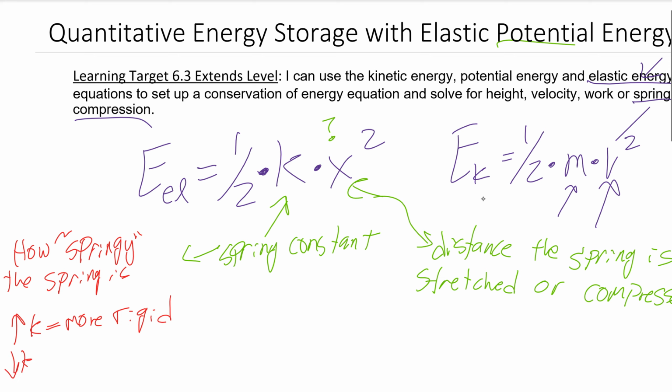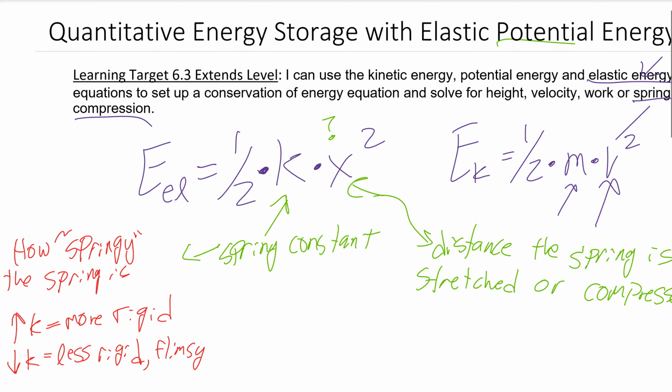If you have a lower k, that means less rigid, like a flimsy spring. So we have how springy the spring is, or the spring constant.